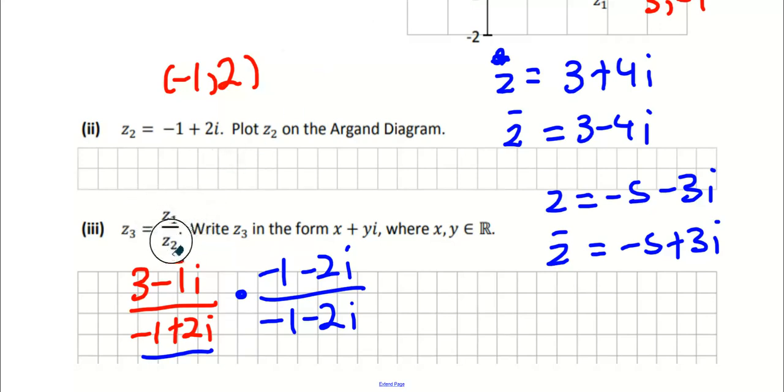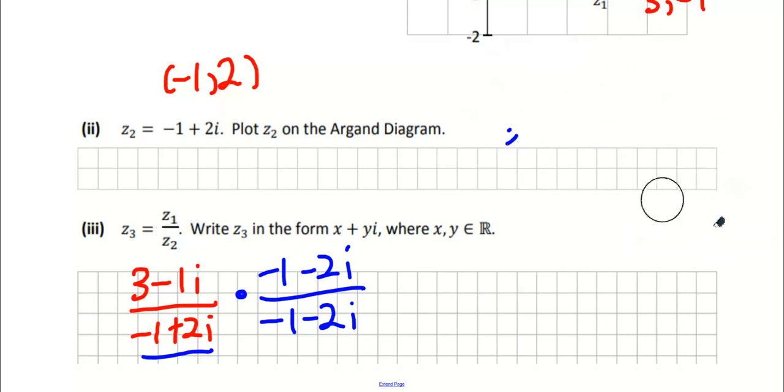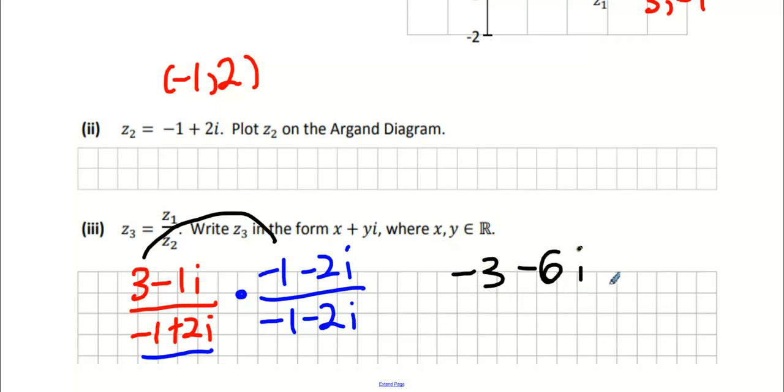Okay, and what's the other rule? Anywhere you see an i squared, what happens? Anywhere you see an i squared, it turns into a minus 1. Okay, so let's go for it. 3 times minus 1, minus 3, minus 6i, yeah?